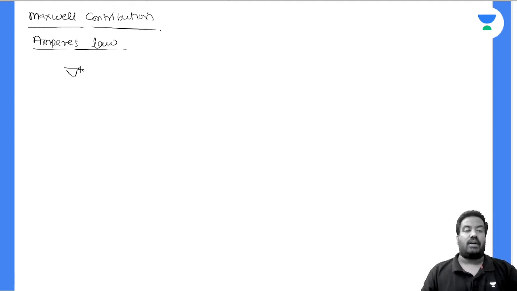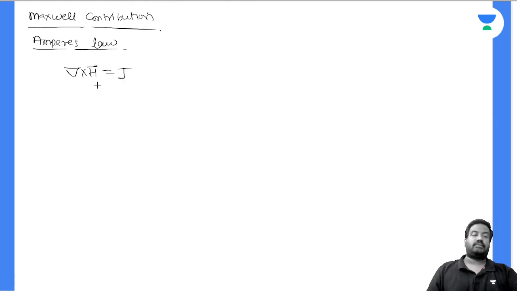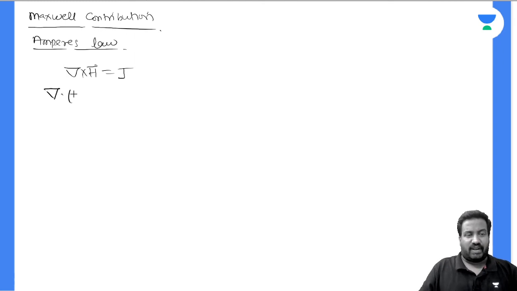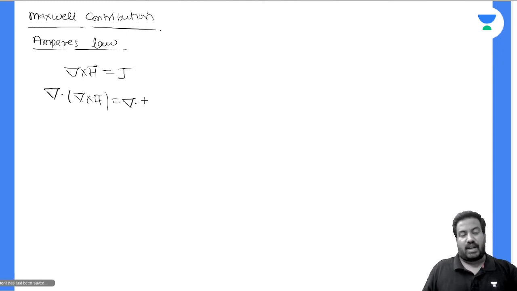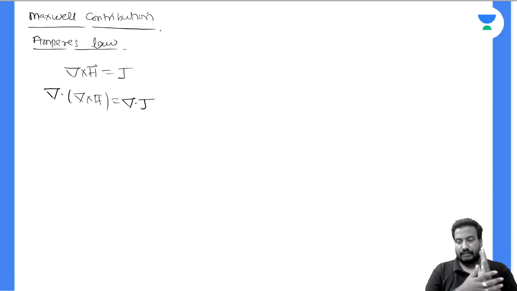From Ampere's law, del cross H is equal to J. If you take divergence on both sides, del dot del cross H is equal to del dot J. What happens to the LHS here?